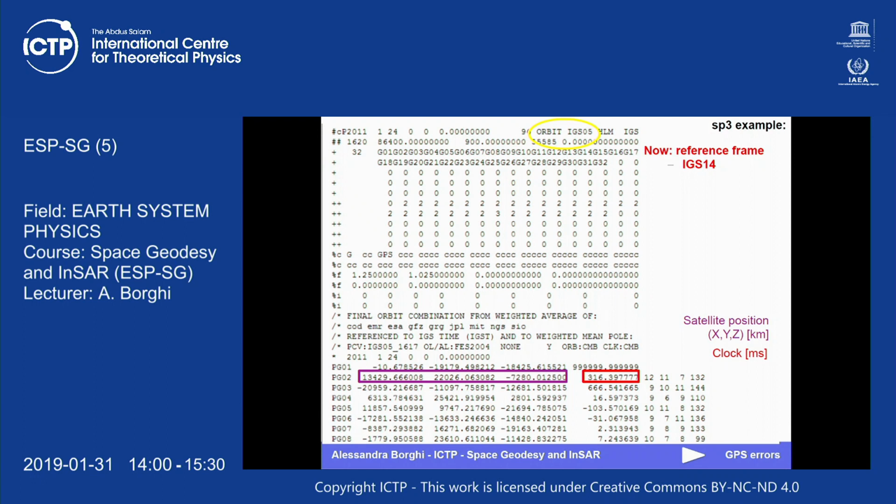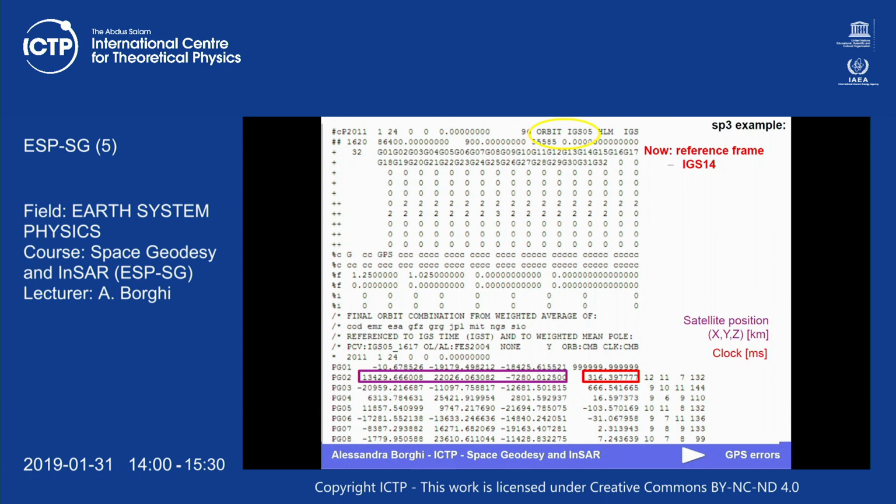So it's important that the position of the satellite is determined in a well-defined reference frame, because our coordinates of the point on the earth are related to these coordinates, to this reference frame. So you can find this information in the first row of this file.